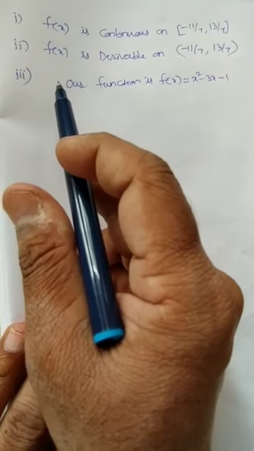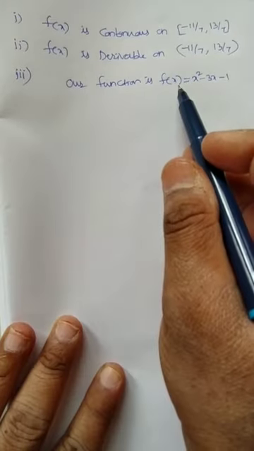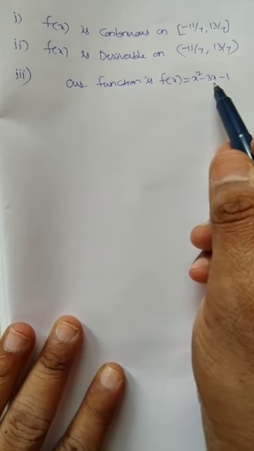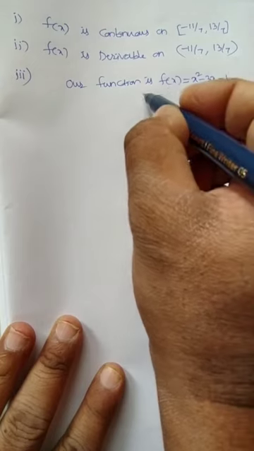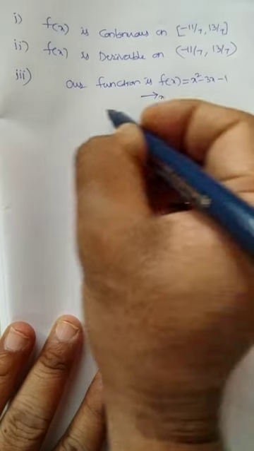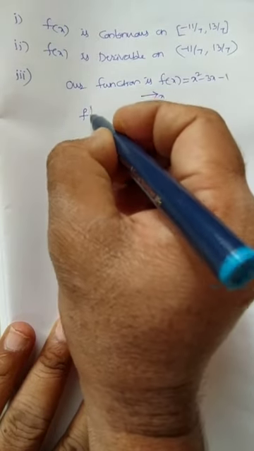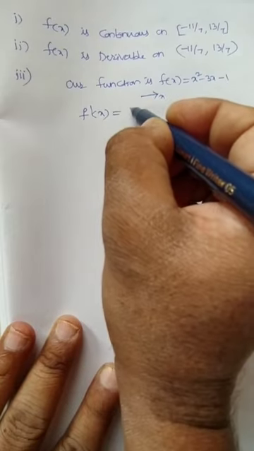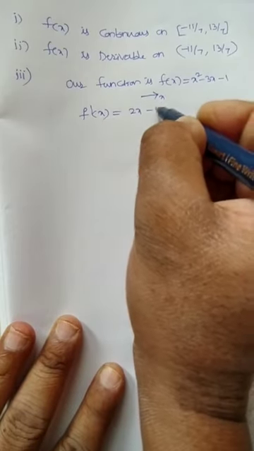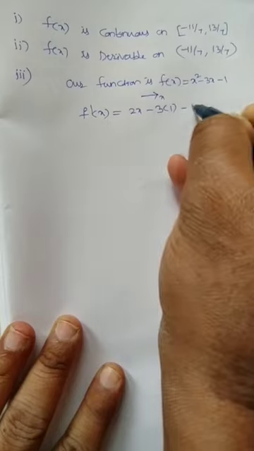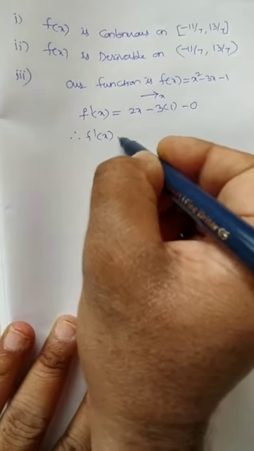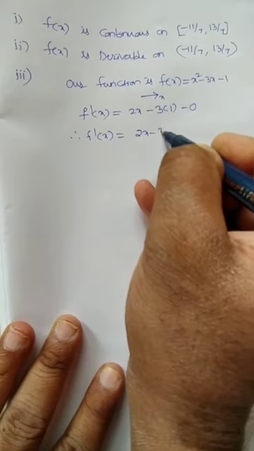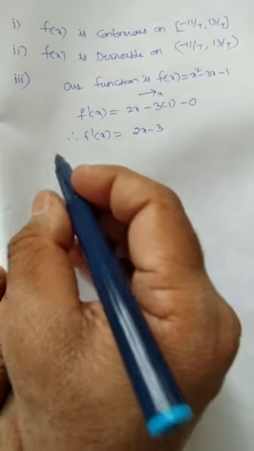The given function is f of x is equal to x square minus 3x minus 1. Now I am finding the derivative of this function with respect to x on both sides, so I get f dash of x equal to 2x minus 3 into 1 minus 0. Therefore f dash of x is 2x minus 3.